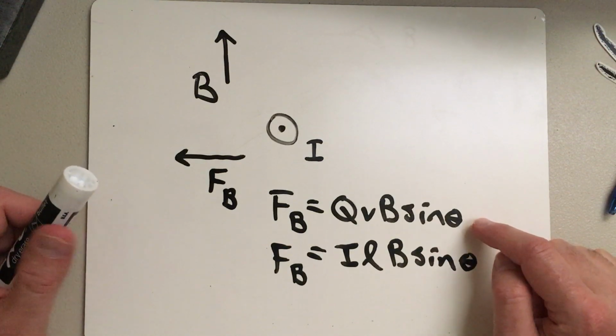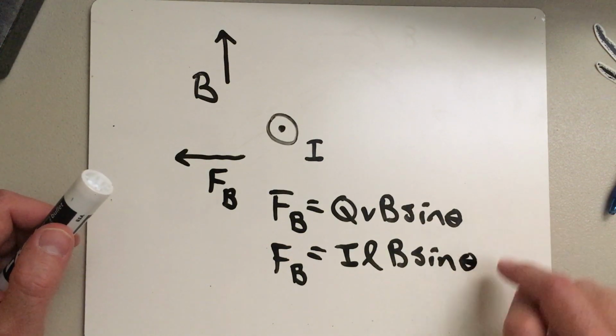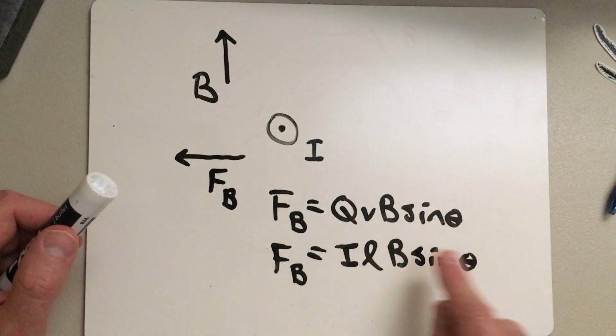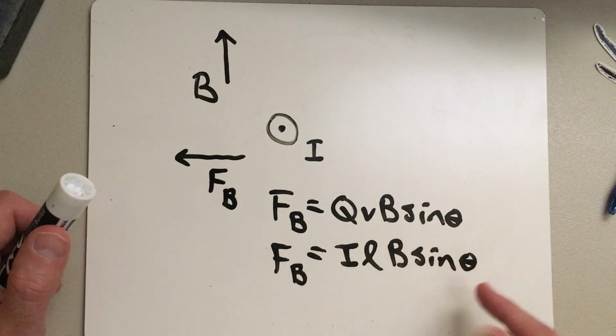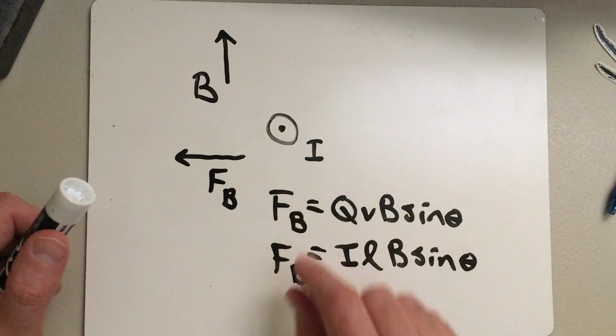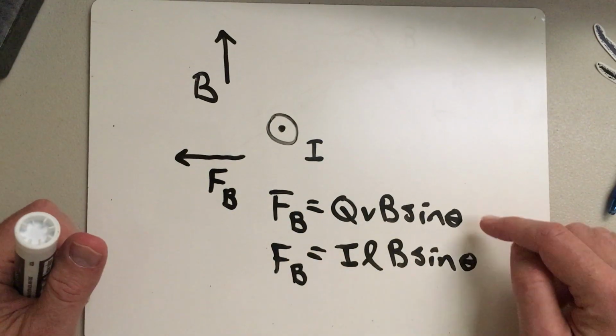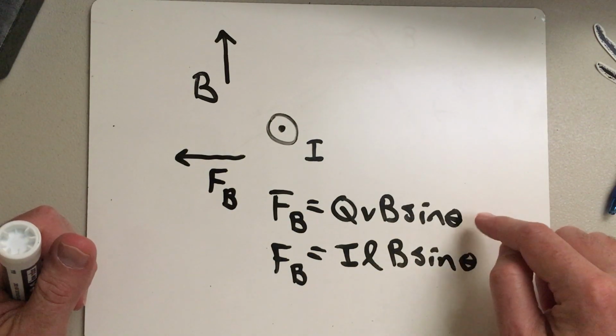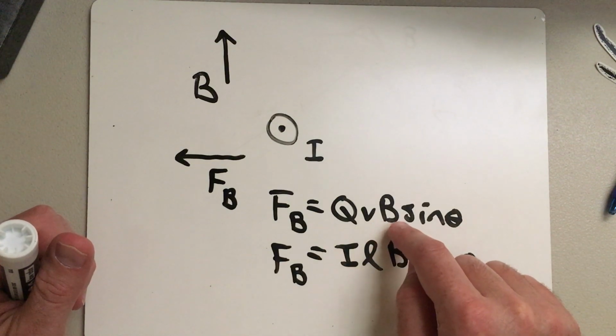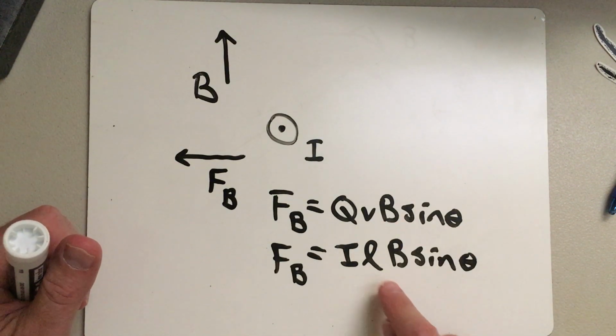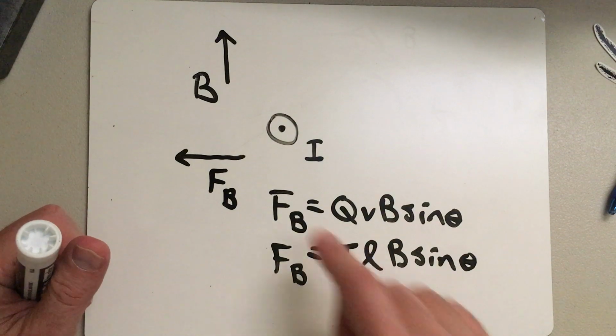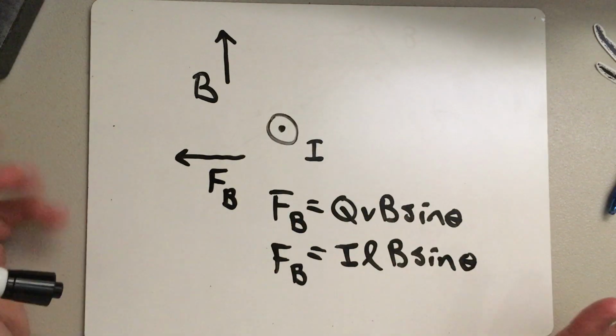So if theta is 0 or 180, then of course the sine of 0 is 0, and the sine of 180 is 0. So in both of those situations, the magnetic force is 0. In the charge formula, the angle is between the velocity and the magnetic field. Here, the angle is between the direction of the current and the magnetic field.